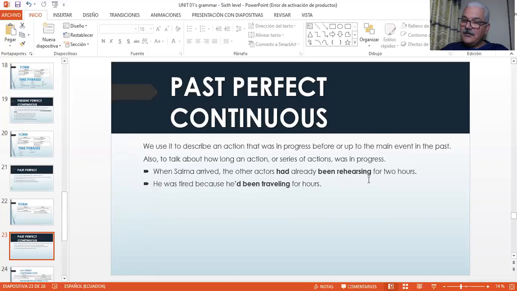What happened first? Of course, they had been rehearsing, okay? Because it's the perfect tense we use. And then she arrived. This actress arrived late, okay? In the past. But this action is seen in its progress.